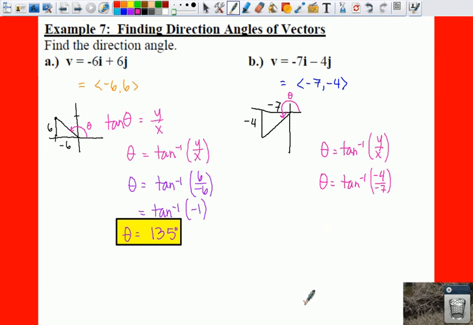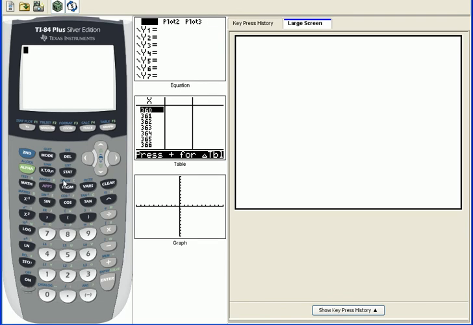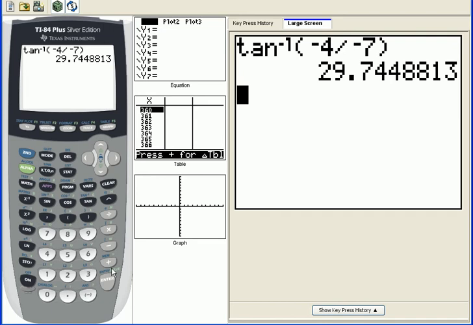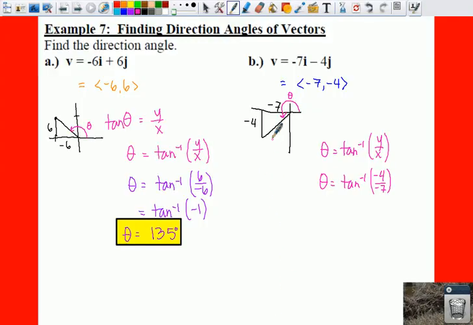So if we plug this into our calculator, you're going to type in the inverse tangent of -4 divided by -7. And when we do this, we get the answer of, now wait a minute, that's not in quadrant 3. So what you're saying is maybe your calculator took the arctangent of a positive 4 over a positive 7. Because if you take a negative divided by a negative, isn't that a positive value? Yes.